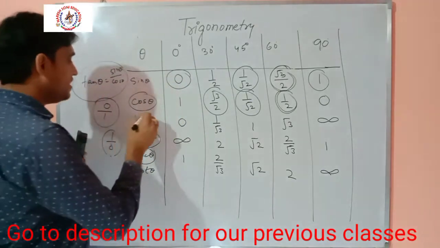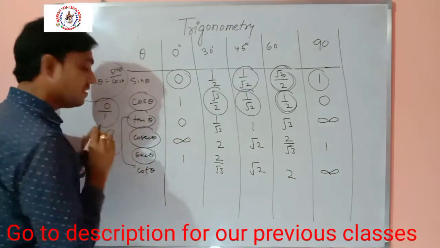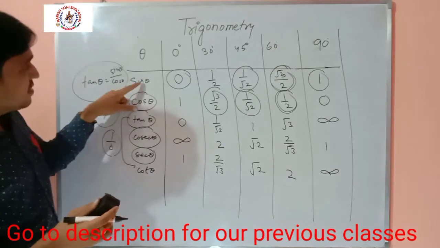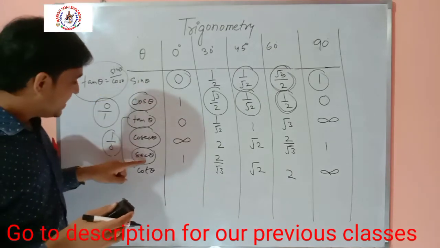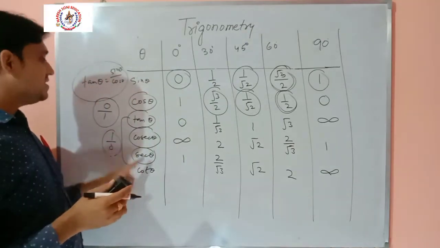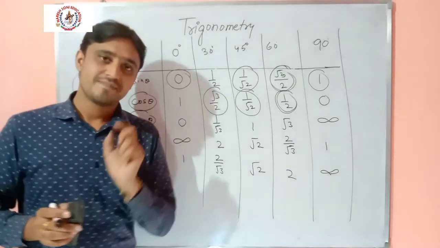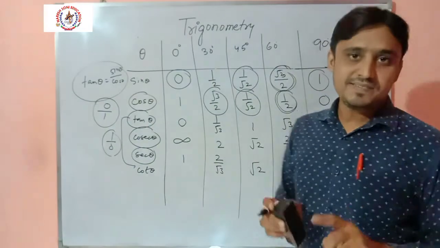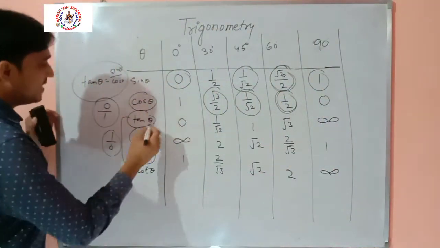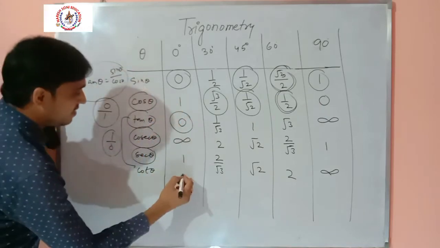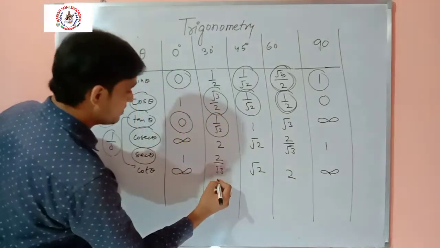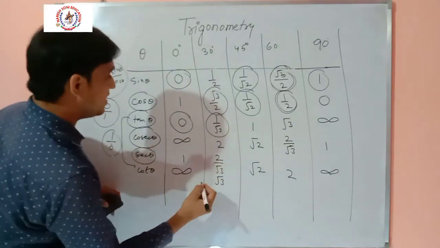So cot theta is the inverse of tan theta. Understood? Again, cosec theta is the inverse of sin theta. Sec theta is the inverse of cos theta. And cot theta is the inverse of tan theta. Understood? Are you getting my point? Yeah. Nice. So the inverse of 0 is, again you write infinite. Inverse of this one is under root 3.